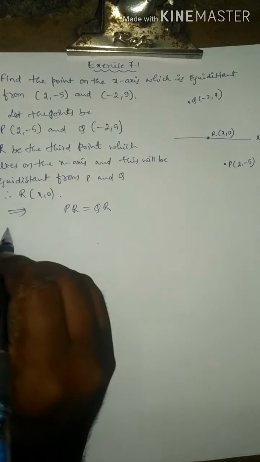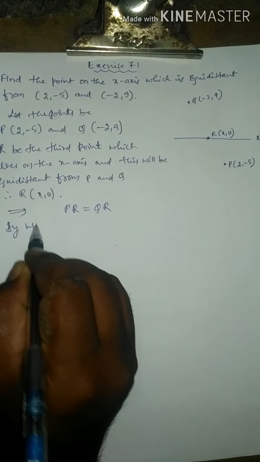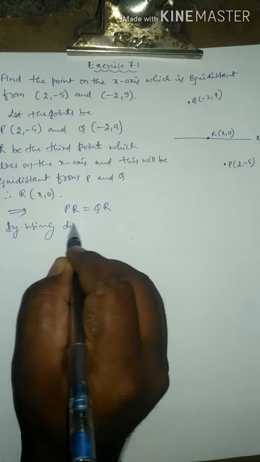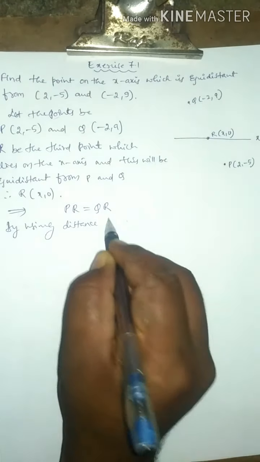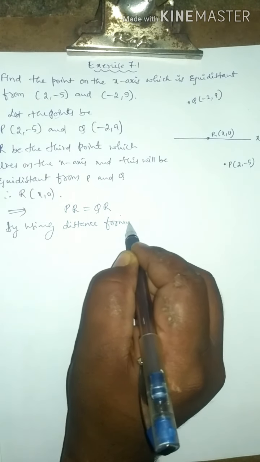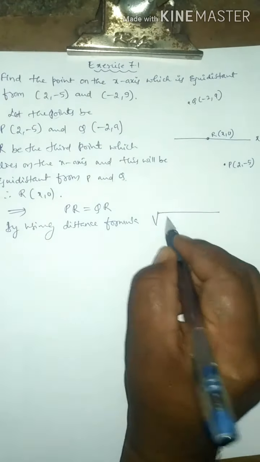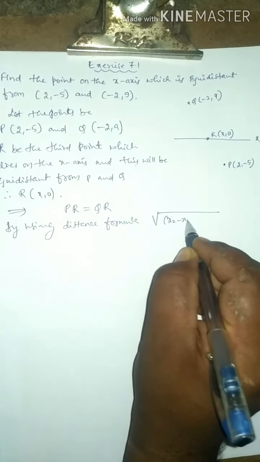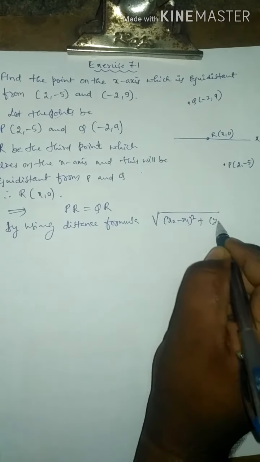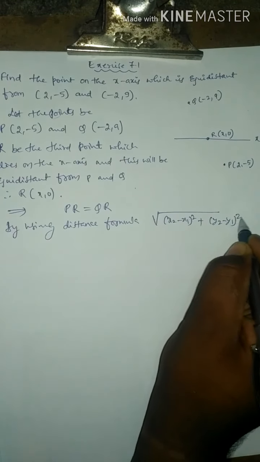By using the distance formula. What is your distance formula? Under root x2 minus x1 whole square plus y2 minus y1 whole square.